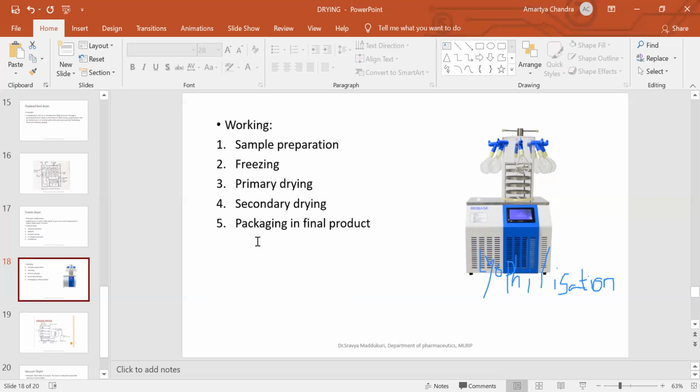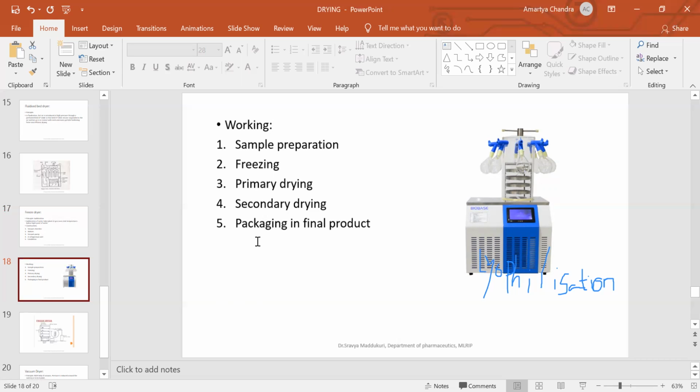So, pre-treatment is done in freeze drying because there's a disadvantage: you cannot remove lots of moisture from the substance to be dried. So for that, generally they subject it to vacuum drying, get it to a low concentration of moisture present in the substance, and then it is subjected to freeze drying. Right? So this is the pre-treatment.